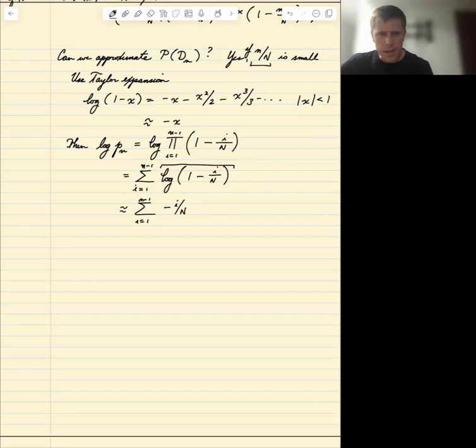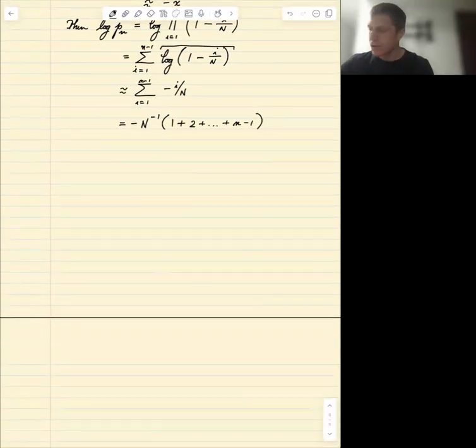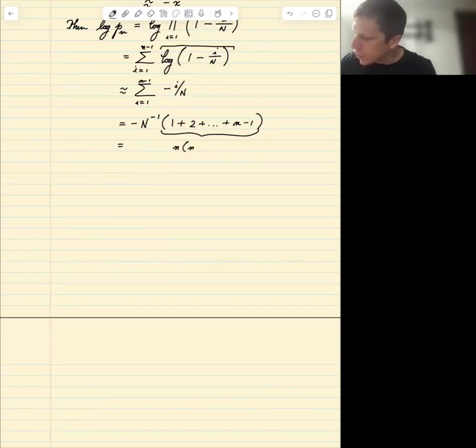So we have a sum, and now what we can do is pull the minus 1 over N out, minus N inverse, and we're left with 1 plus 2 up to little n minus 1. And this now is the sum of the first n minus 1 integers, which is n times n minus 1 divided by 2. And we have a negative 1 over N carried over.